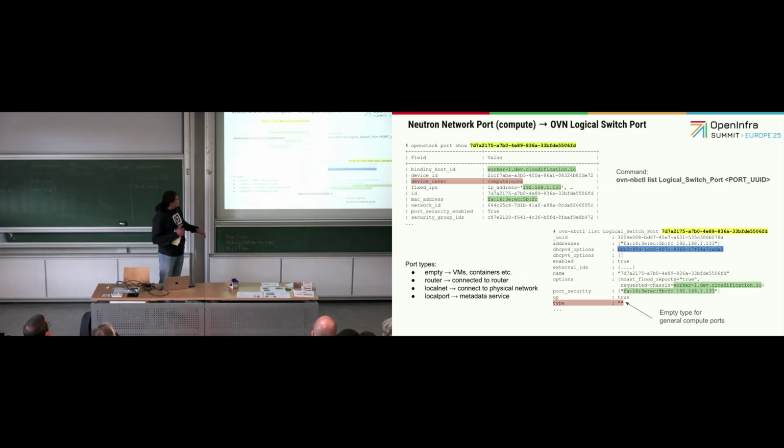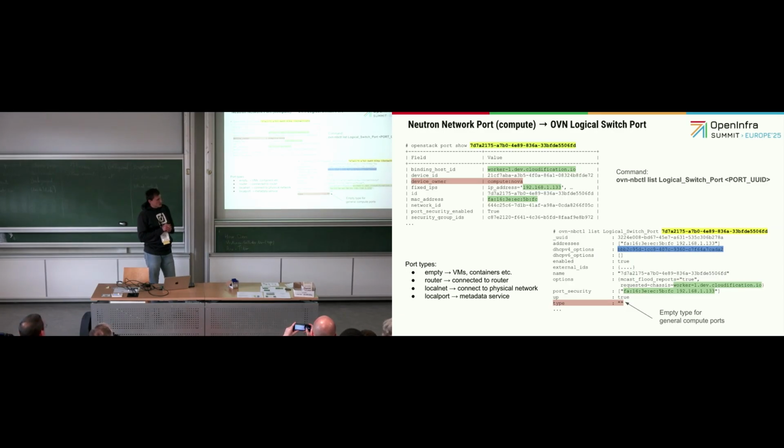Yeah, and this is an example for the compute ports for the virtual machine. So in the same network, you will see the same logical objects. In this case, it's a logical switch port. And this field, type, is really important. There are actually many types of interfaces.